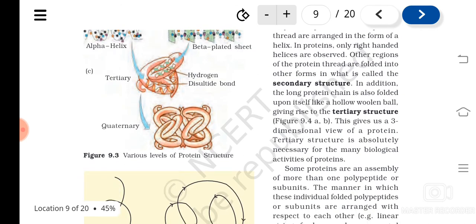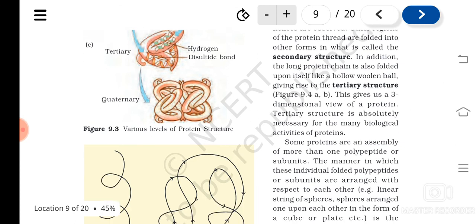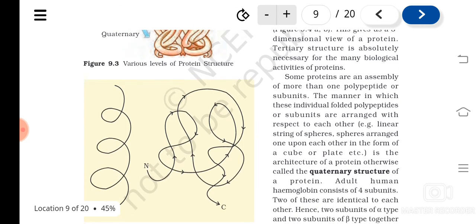Then the long protein chains can also get folded upon themselves like a hollow woolen ball. You would have seen a woolen ball, in which the woolen thread is arranged. In that way it can arrange by its own, and that represents the tertiary structure. Then the quaternary structure is for those proteins which have more than one polypeptide subunit. Understood?